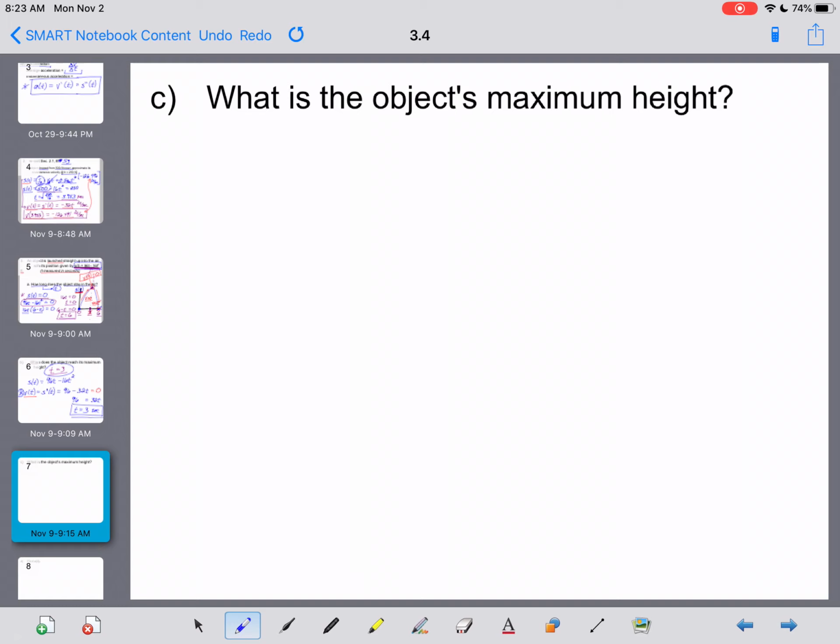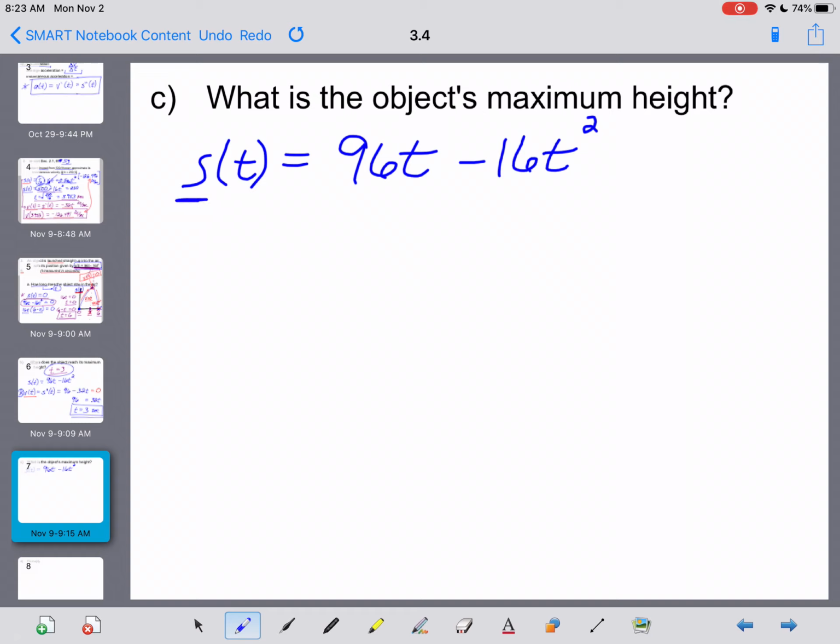What now is the object's maximum height? Okay, so this is a question of height or position, everybody. To do that, we're going to need to use our position function, which, let me go ahead and write it down again. s of t was equal to 96t minus 16t squared. And we want to know what the object's maximum height or position is.